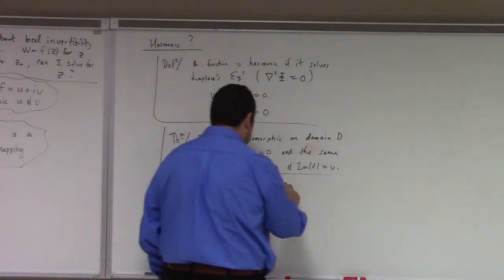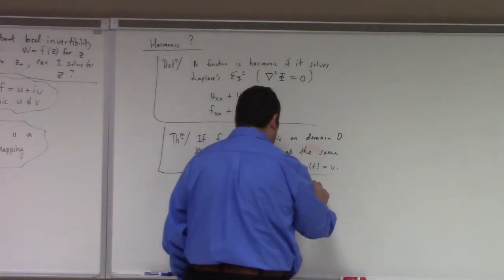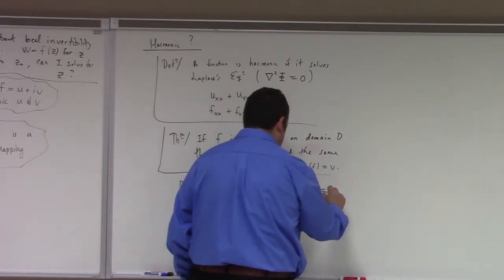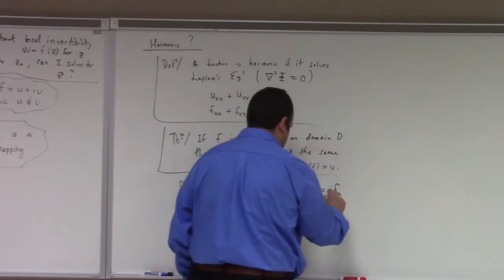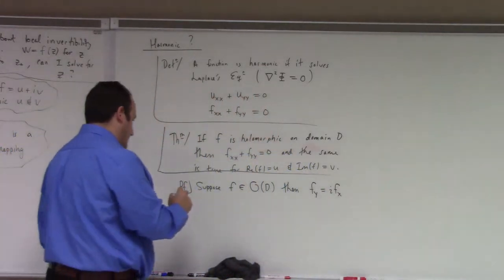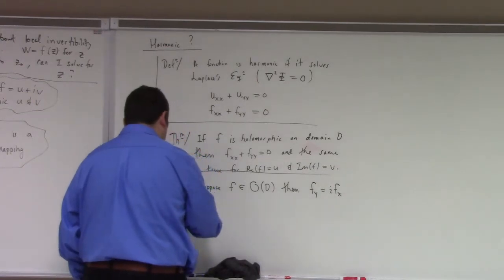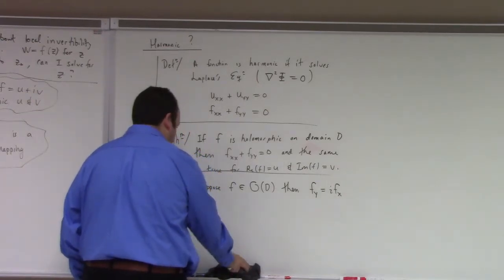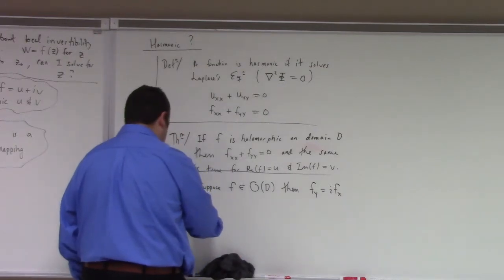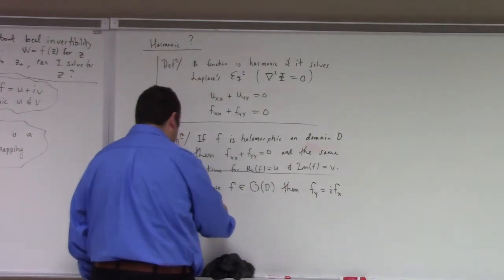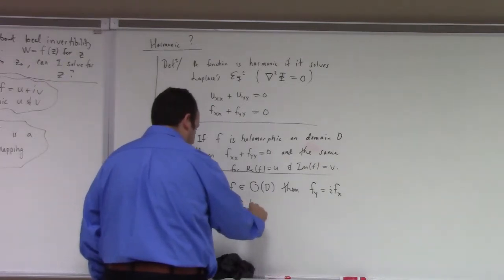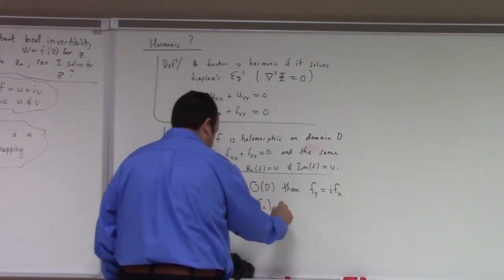Then what do we know? We know that the y derivative is equal to what? I times the x derivative, right? Those are the Cauchy-Riemann equations. Thus, what happens if you differentiate that with respect to y? Partial y of f_y is equal to partial y of i f_x.